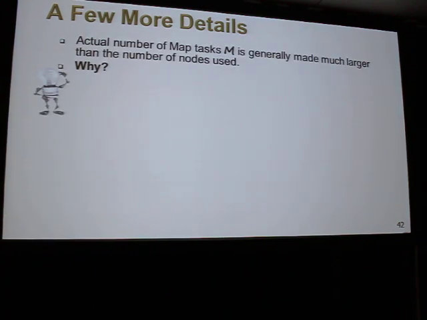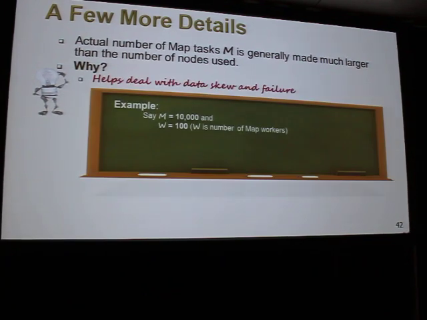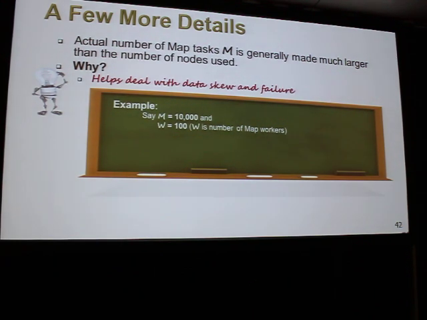So let's talk about the actual number of tasks that you need to create the optimal workload. In a normal case, say we have 1,000 nodes, we want to create a number of tasks that is much larger than that.